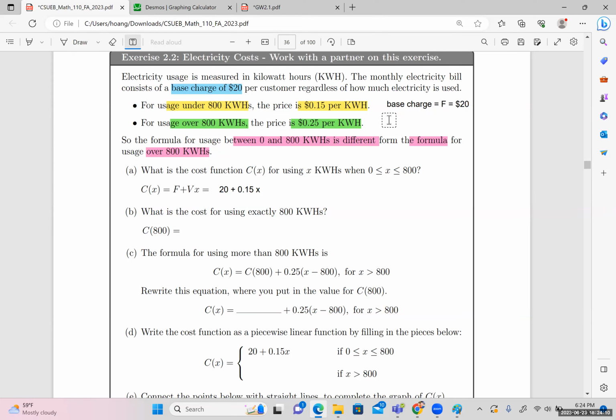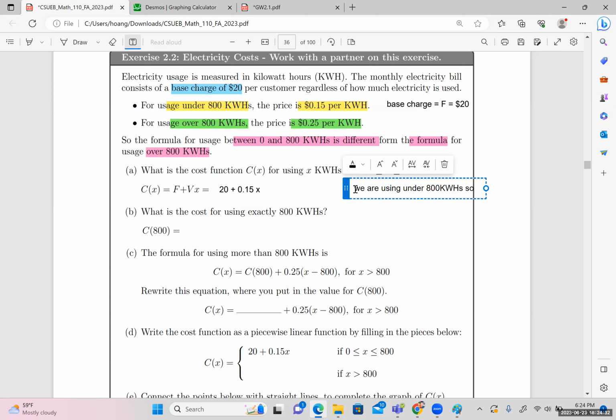So yeah, let's say V in this case because we are using under 800 kilowatts.